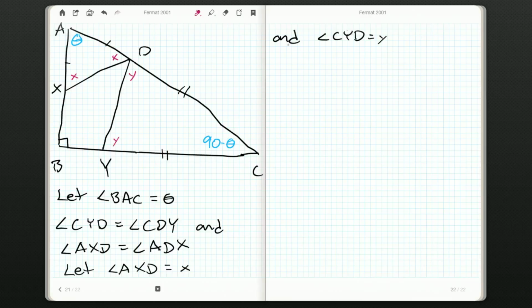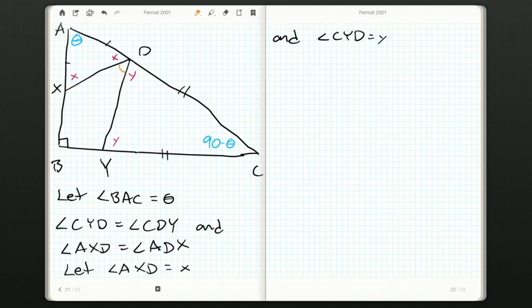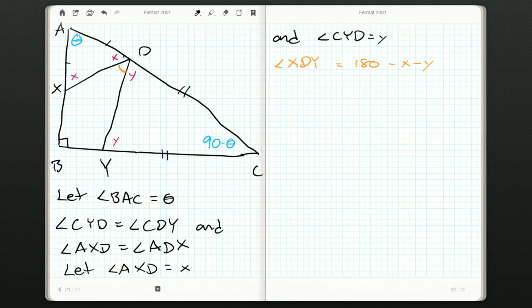So now the angle that I want, which we will place in orange, is this one right here. Immediately I can see angle XDY is going to be 180 degrees minus X minus Y, because they form a whole line together.